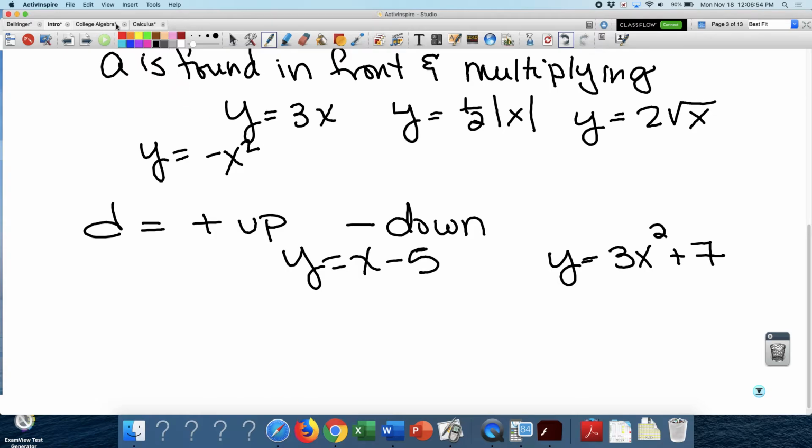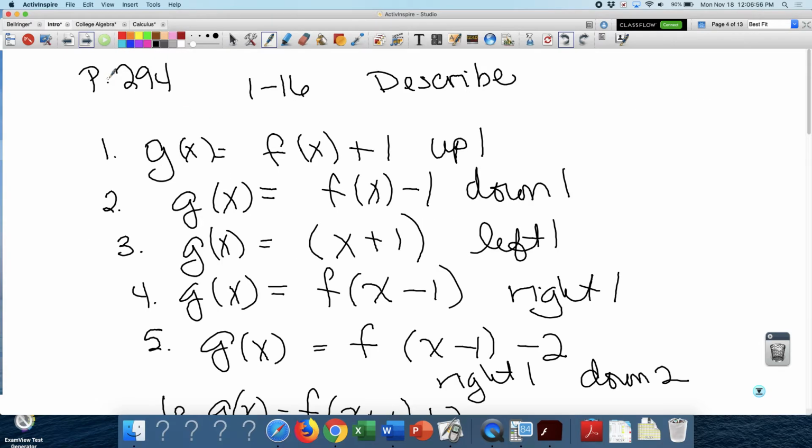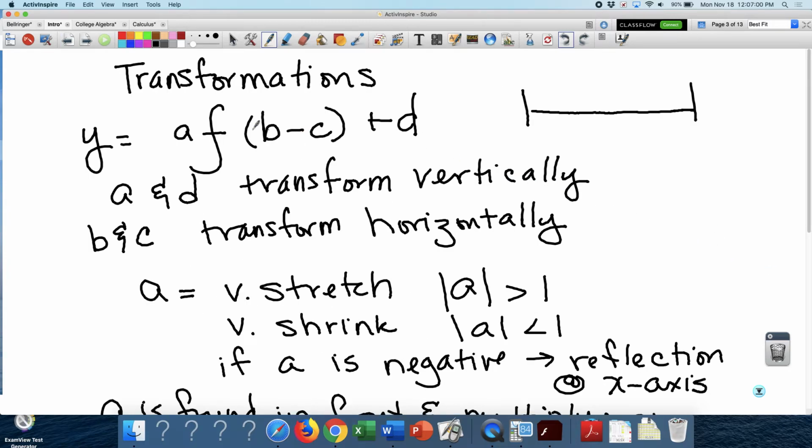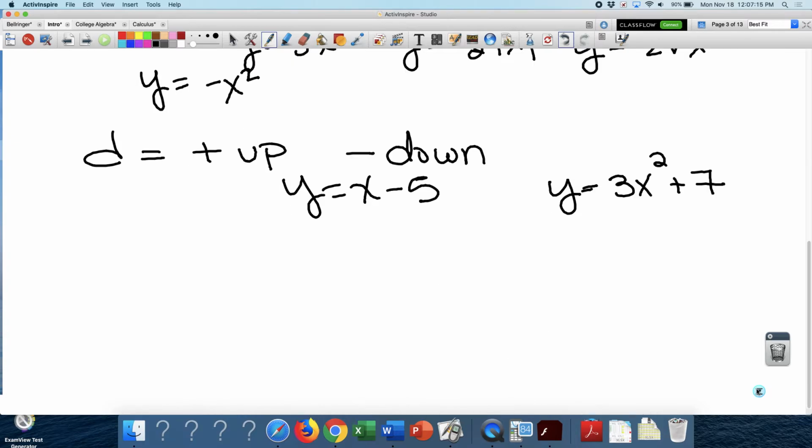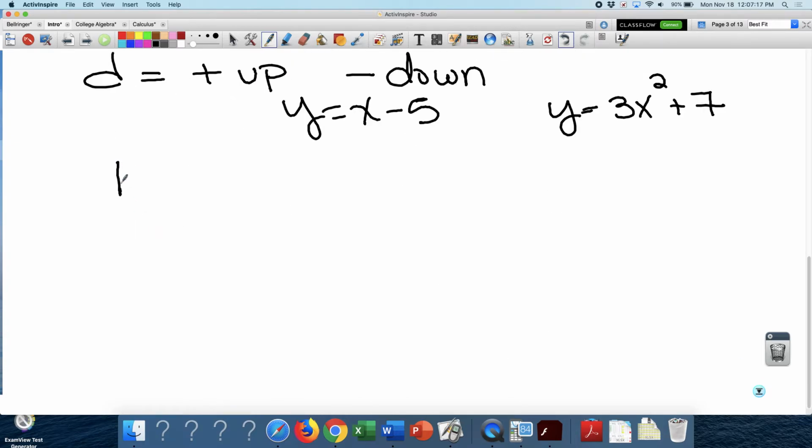Now, do you notice that B and C are inside some types of grouping? B will show up in front of the X or whatever. It will look something like this. So B, we know, deals with horizontal, right?